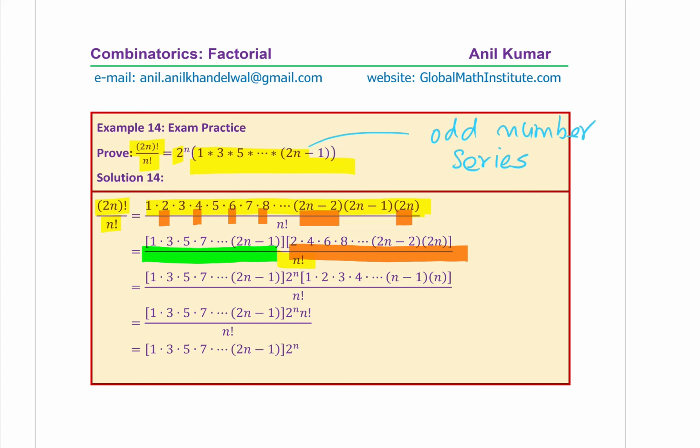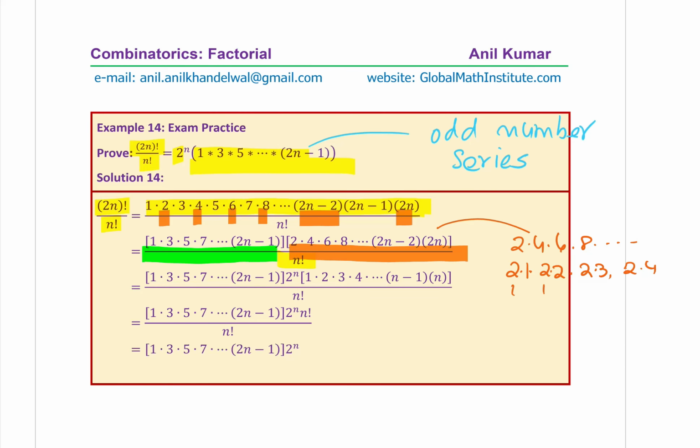Now, it is interesting, as we did in one of our earlier examples, we have this series: 2 times, 4 times, 6 times, 8 times, and so on. This can be written as 2 times 1, 4 can be written as 2 times 2, 6 can be written as 2 times 3, 8 can be written as 2 times 4, and so on.